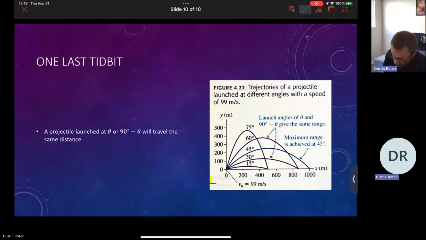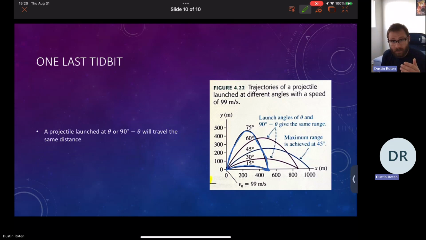Our first theta, let's say, is 15 degrees. If we launch at 15 degrees, here's my endpoint. Well, 90 minus 15 is 75. So just like the 15, if we launch at 75, boom, same endpoint.